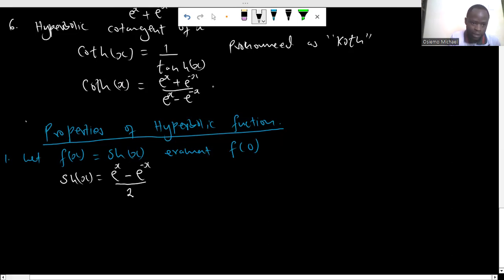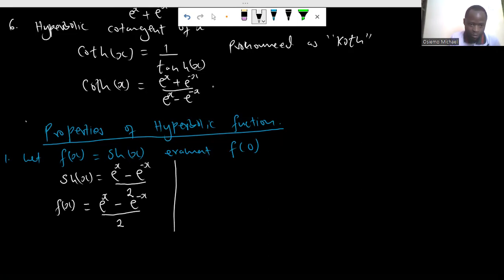So this implies that our f of x is equal to exponential x minus exponential negative x over 2. So this basically tells us that if I want f at any value here, I just replace the x with that value.